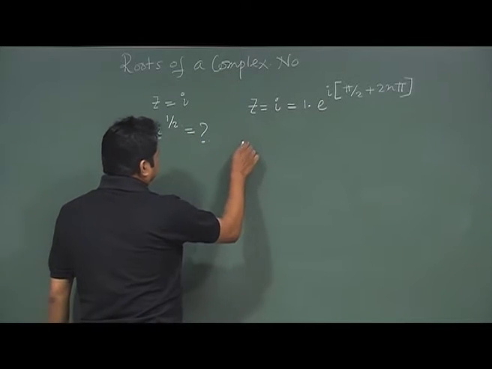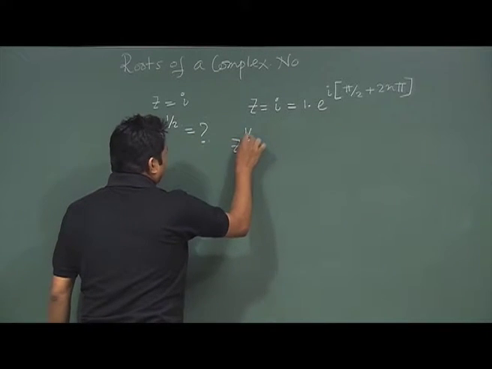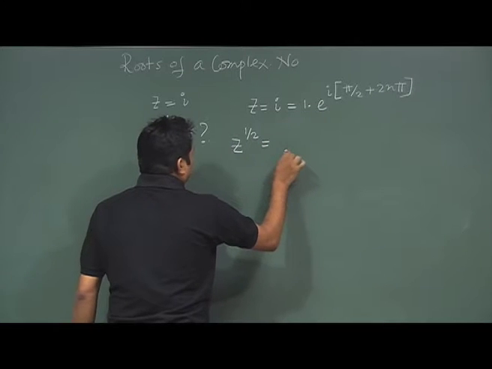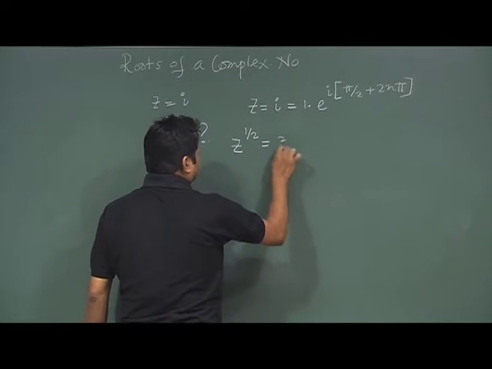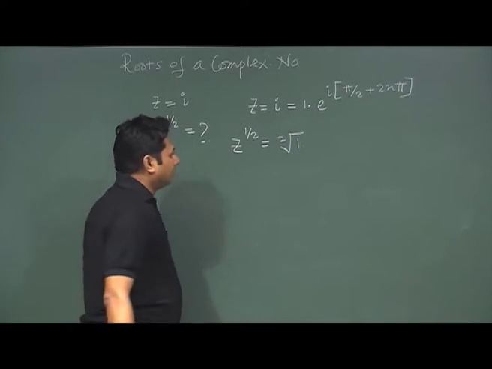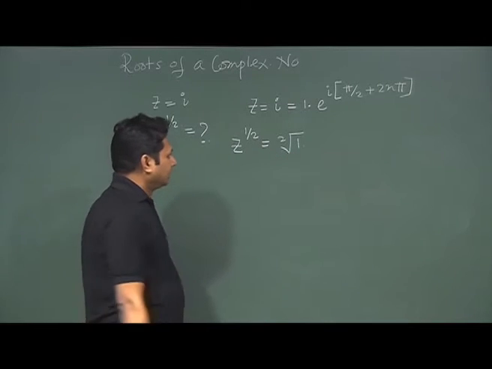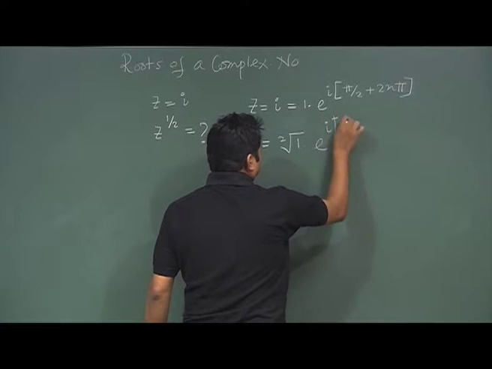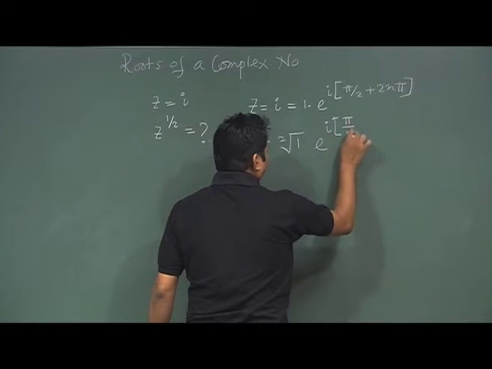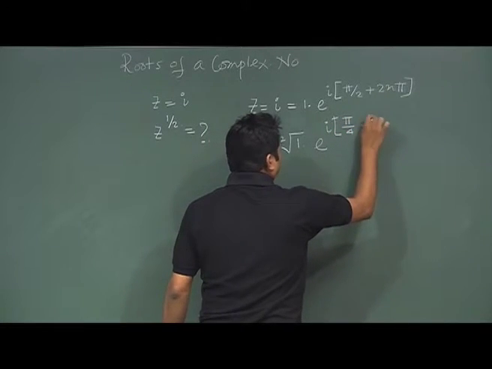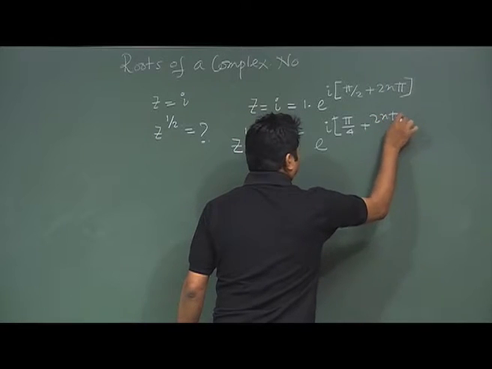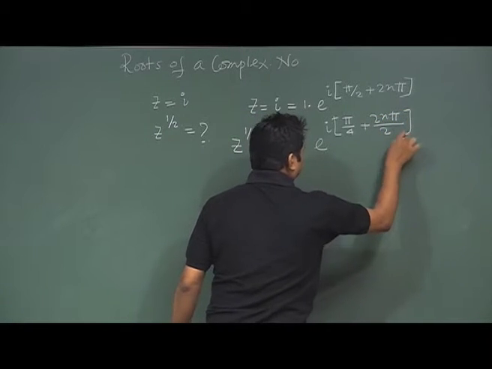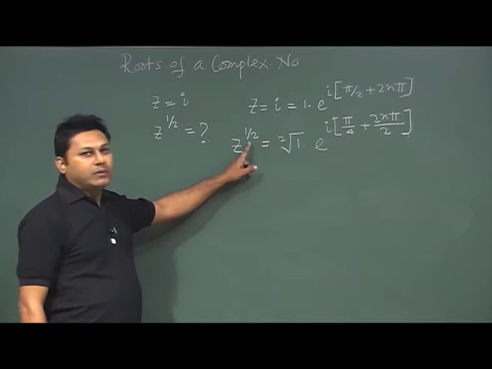Now, z to the power half is 1, no problem with that, this remains 1, times e to the power of i(pi by 4 plus 2 n pi divided by 2), taking everything to the power half.